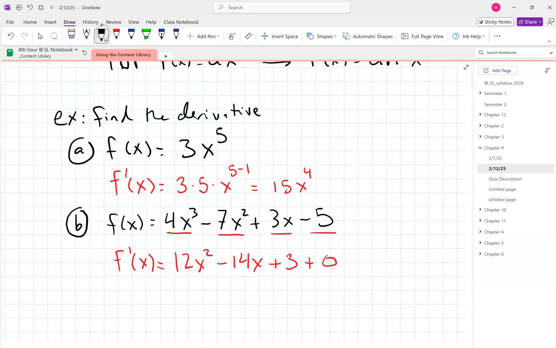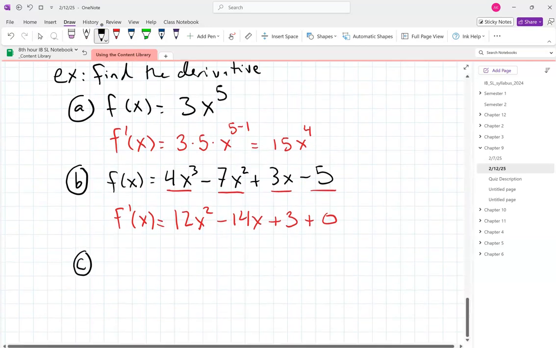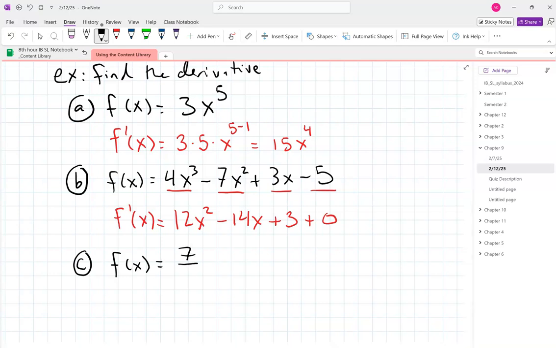All right. What if we have f of x equals 7 over x squared? How do I do that? The exponent becomes negative on top. Very good, Sam.